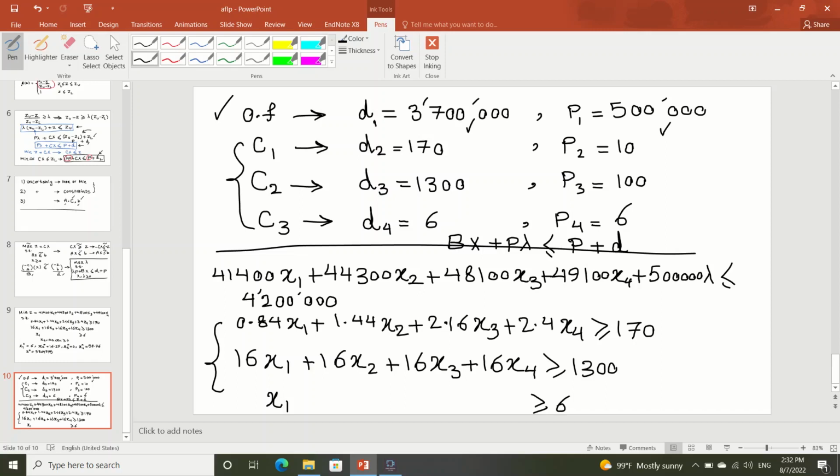You can save this inequality, and into the side of each constraint you can add the parameter lambda with coefficients and the allowable deviation.